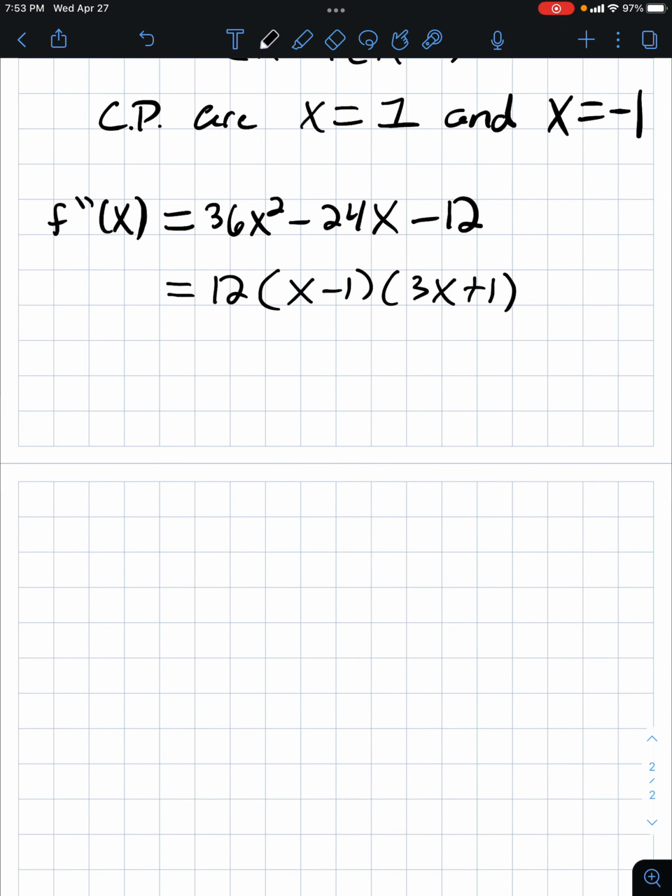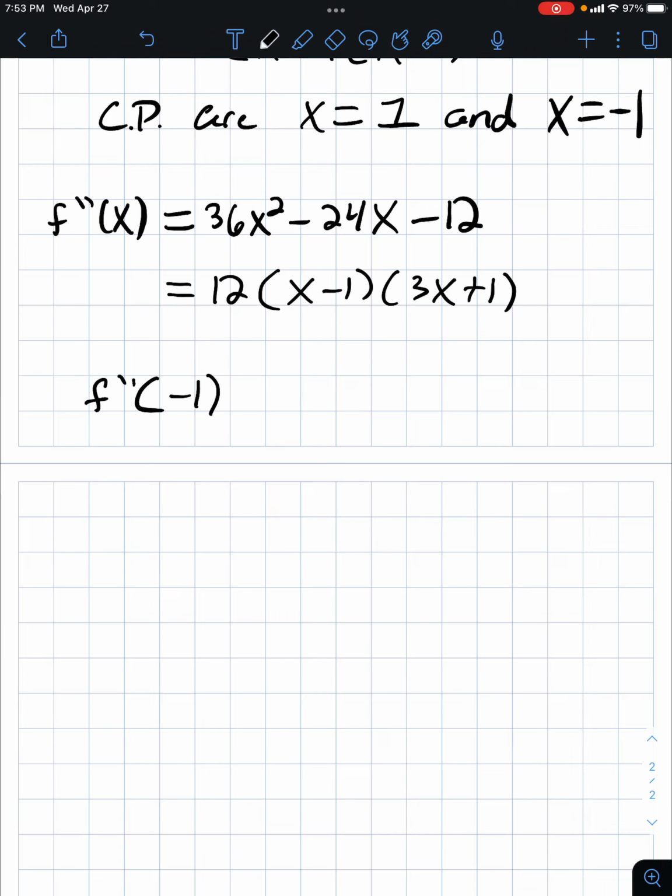Okay. So now we can implement the second derivative test. We need to evaluate both our critical points using our second derivative. So let's first use f double prime of -1.